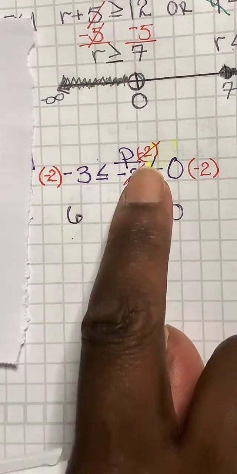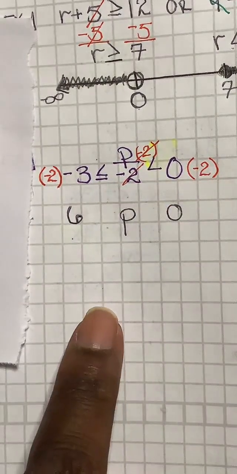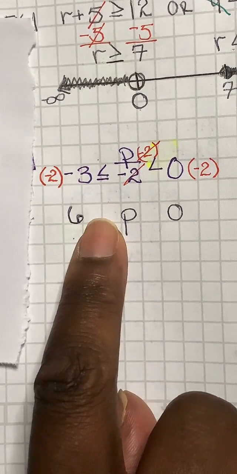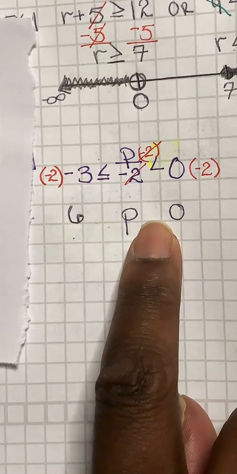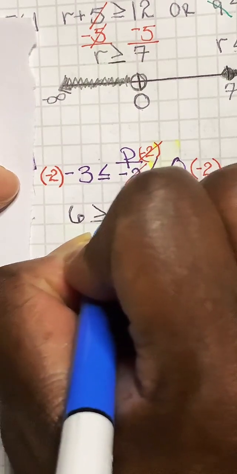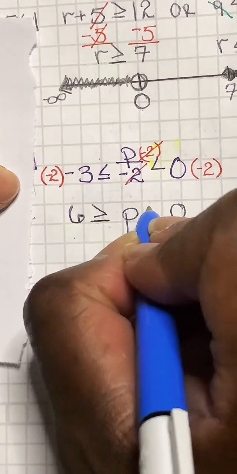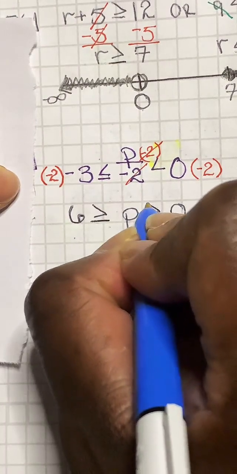But because we multiplied by a -2, our inequalities are going to change the direction of the sign. So instead of less than or equal to, it's going to be greater than or equal to. Instead of less than, it's going to be greater than. Okay, are we okay so far?